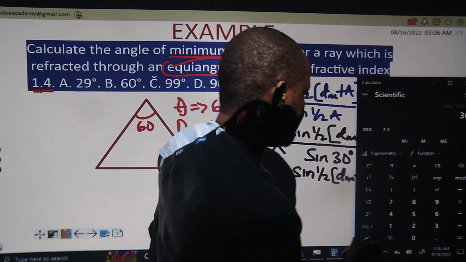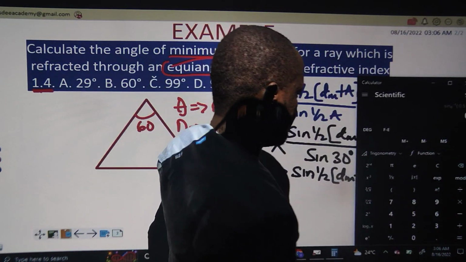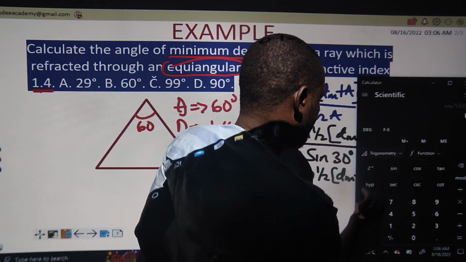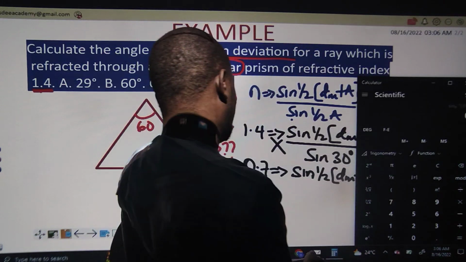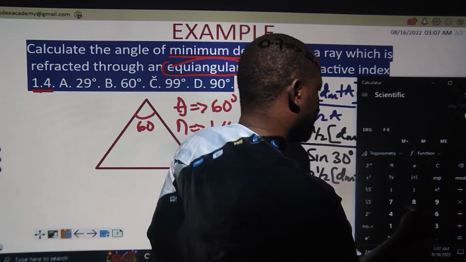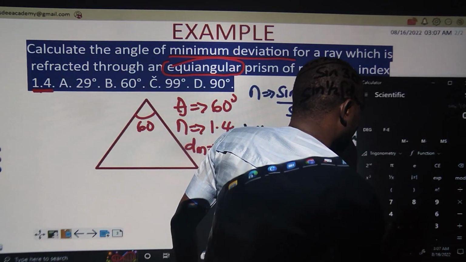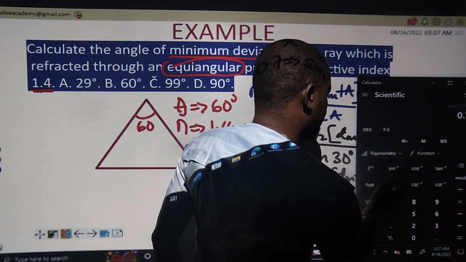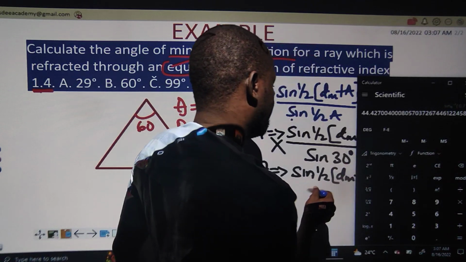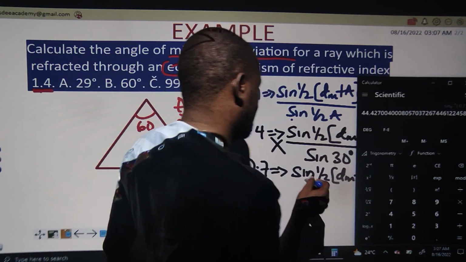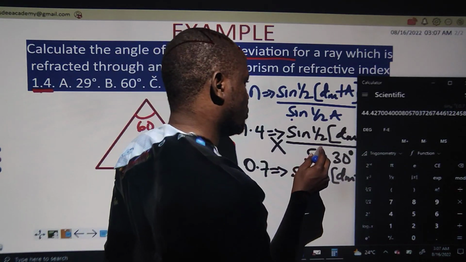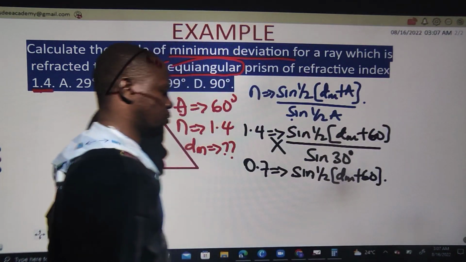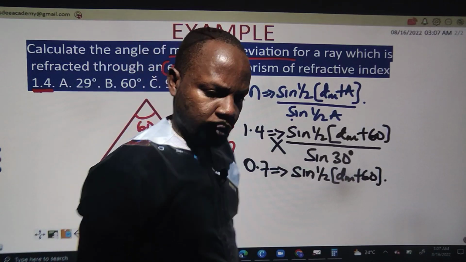Enter 0.7 first, then trig, second function, arc sine. That gives 44.427. So I'll go with that, 44.427.